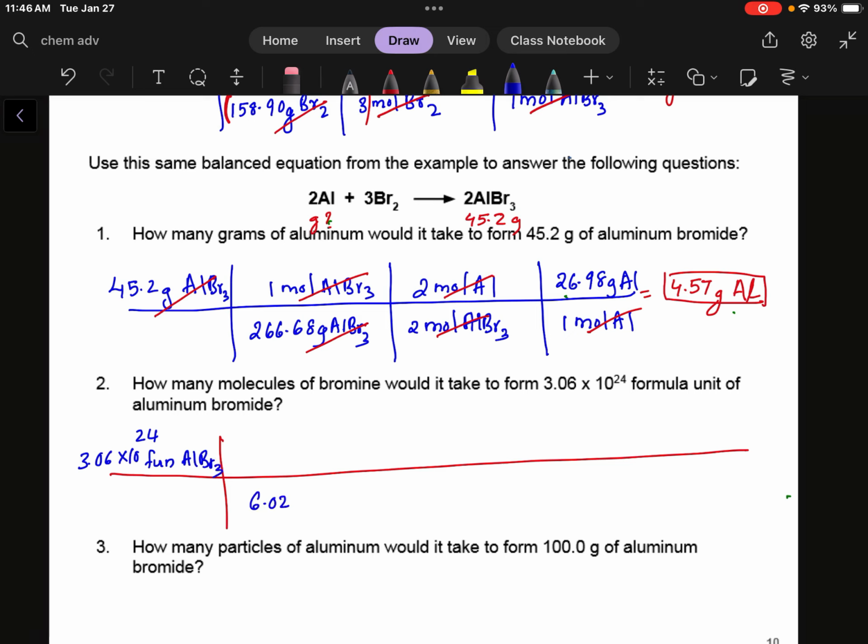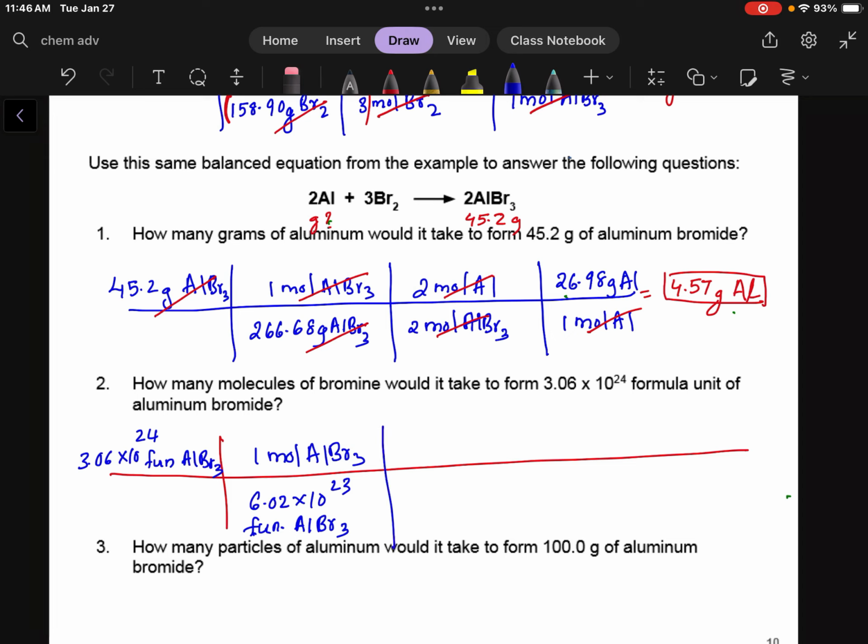Then we will write 6.02 times 10 to the power of 23 formula units of aluminum bromide, which is in 1 mole of aluminum bromide.